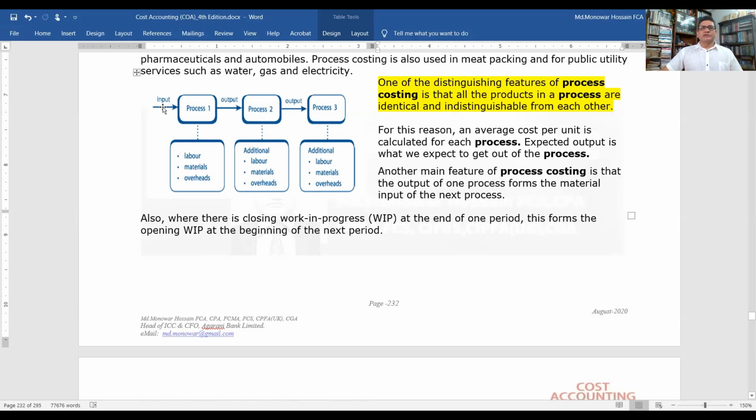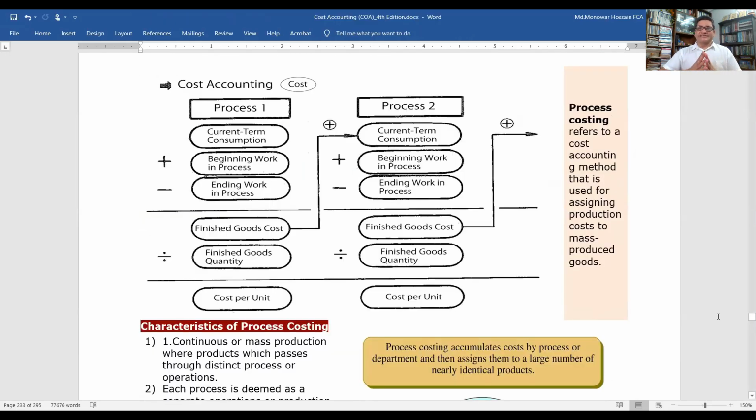The closing work in progress at the end of one period becomes the opening work in process at the beginning of the next period. So we can say process costing refers to a cost accounting method that is used for assigning production costs to mass produced goods.